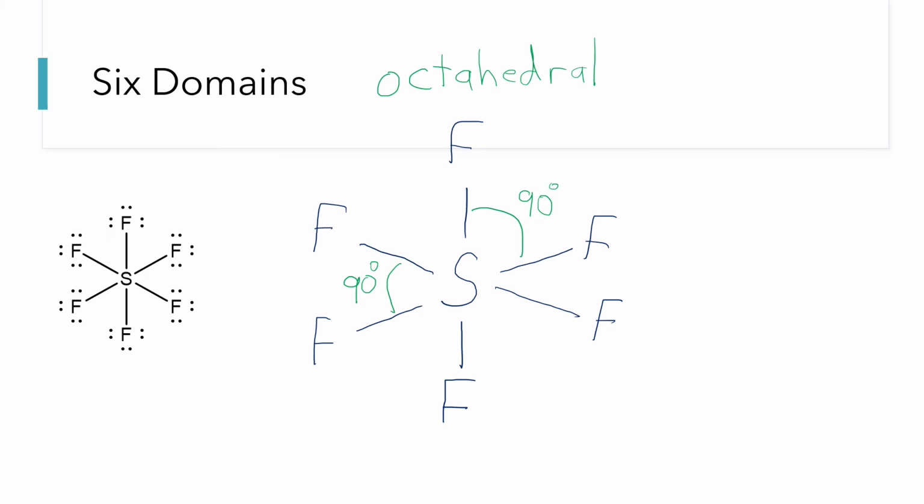Sometimes as a shortcut in drawing these, people will draw an X that's kind of squished a bit, and then we'll draw a line through the X to show these shapes when you're drawing them by hand. And so we'd have sulfur at the middle, and then our 6 fluorines surrounding it. All right, so that is what we do with 6 domains.